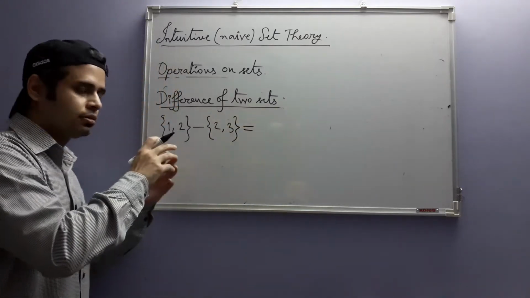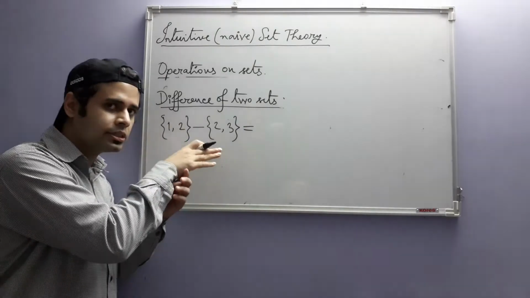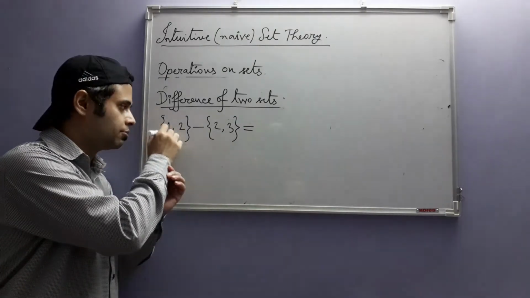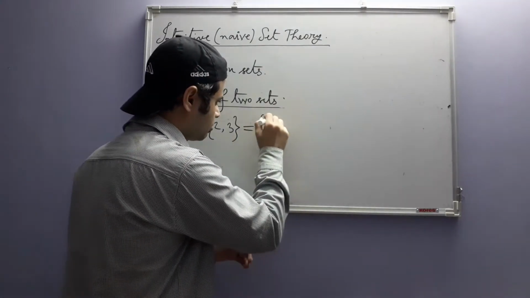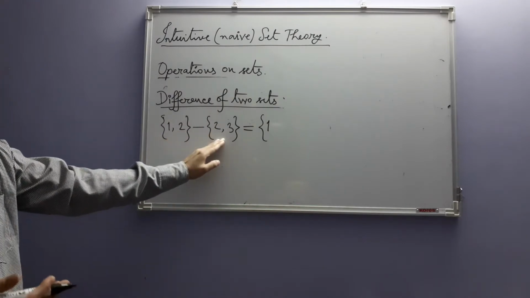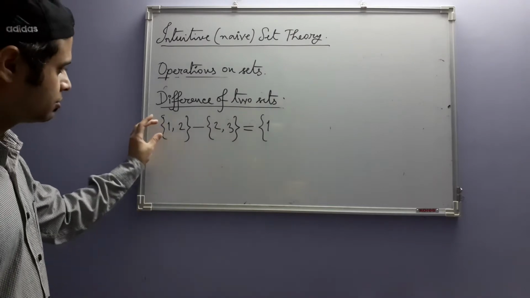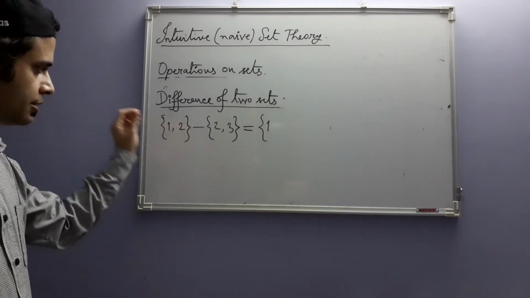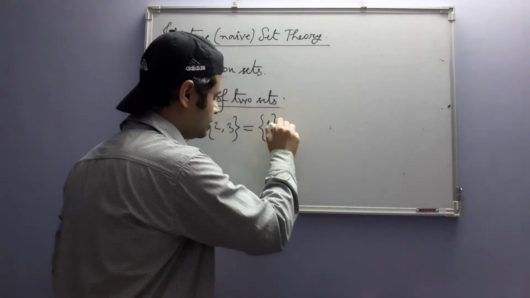The set of elements in the first set which are not in the second set. 1 is in the first set, it is not in the second set. 2 is in the first set but is also in the second set, so 2 will not appear here. And that's it, because we are considering only elements in the first set. So this is the difference.